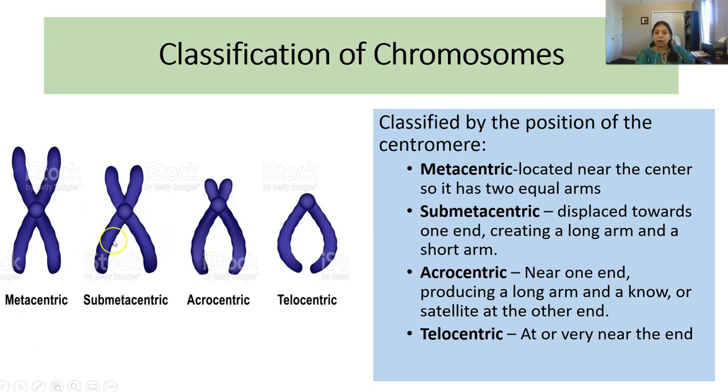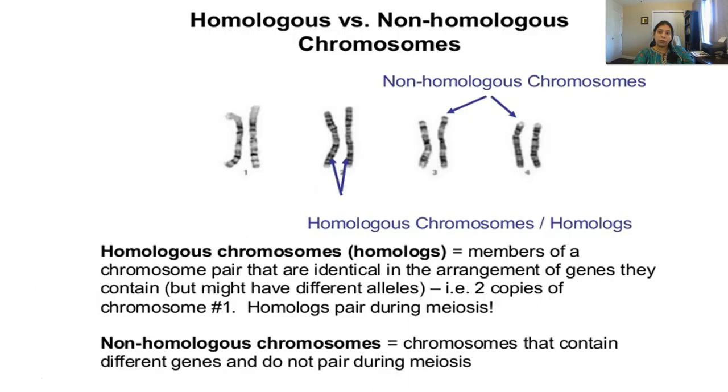A submetacentric, on the other hand, is where it's displaced towards one end, creating a long and a short arm. An acrocentric is where the centromere is very, very close to one end, so you end up with a long arm and a little knob or satellite on the other end. And finally, a telocentric is a chromosome where there's essentially no short arm. There's only two arms. It's right at the very end or near the end of your chromosome.